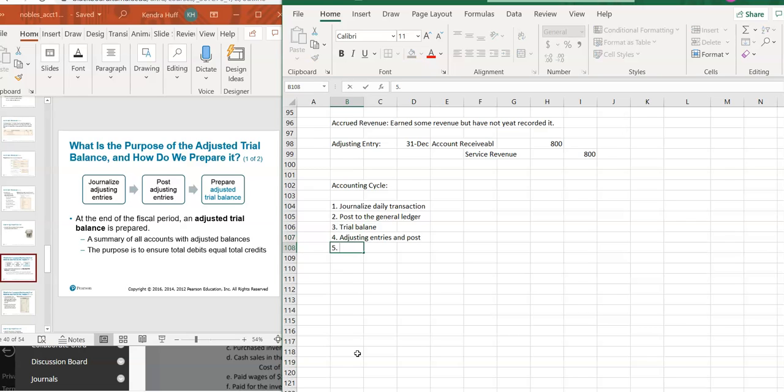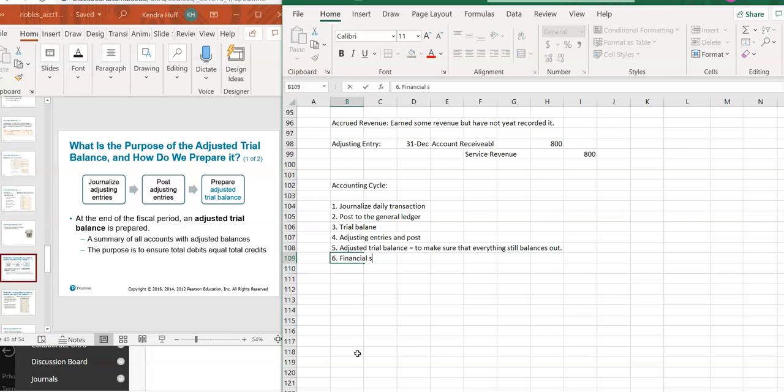Then you do an adjusted trial balance, which is what they're talking about here. All right, and the adjusted trial balance is to make sure that everything still balances out. All right, and then you could do your financial statements. Those stay the same as what we've done all along.